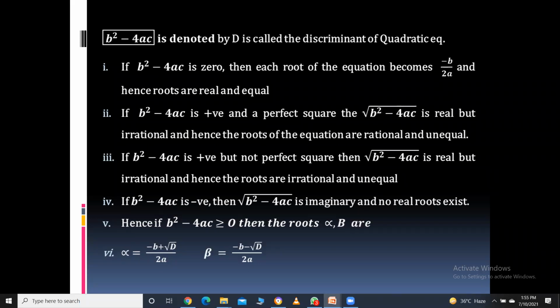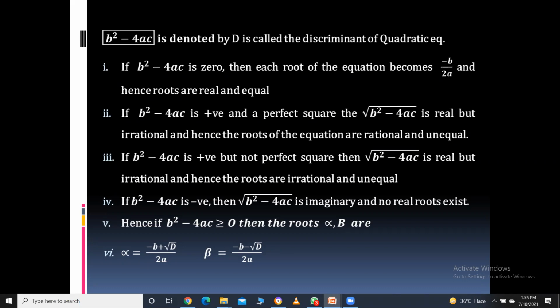In the second part, if b square minus 4ac is positive and a perfect square, the discriminant is real and rational, and hence the roots of the equation are rational and unequal.